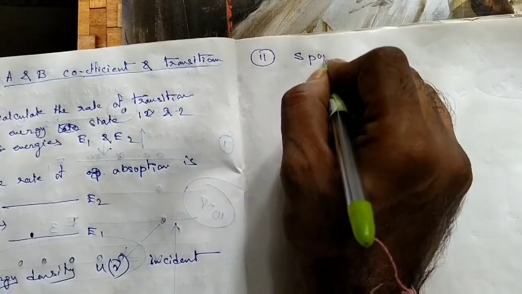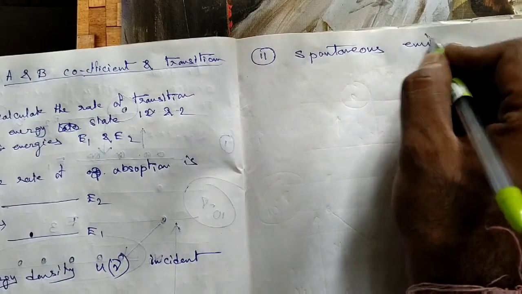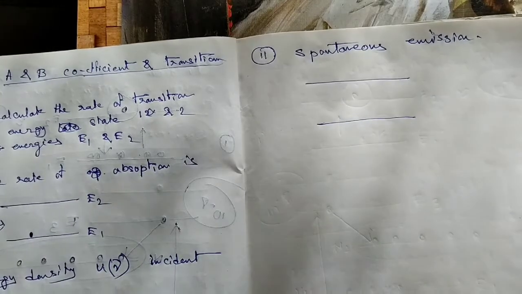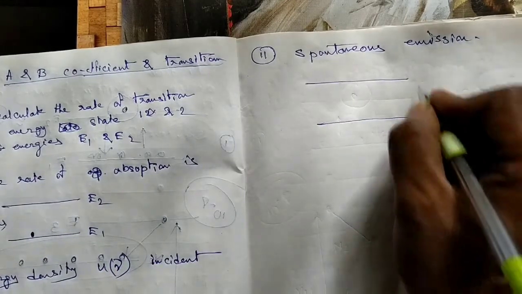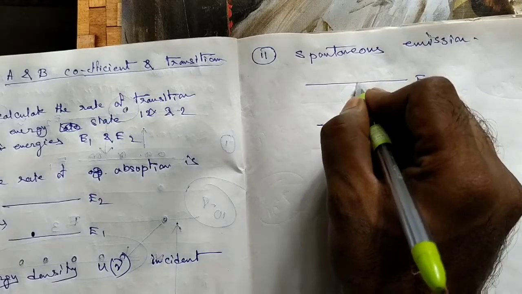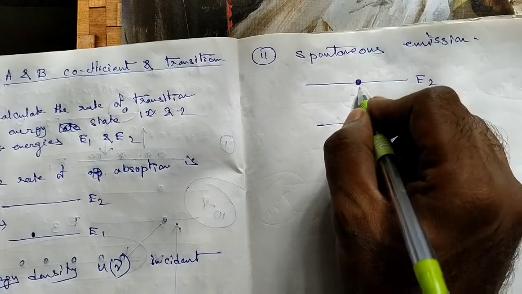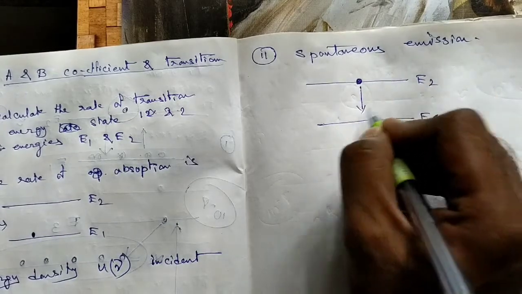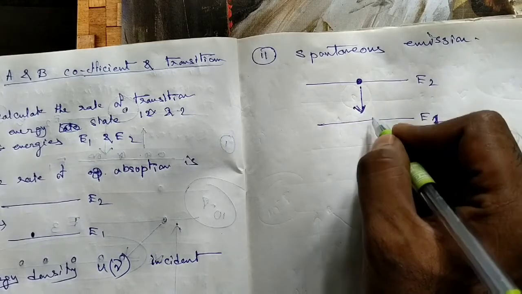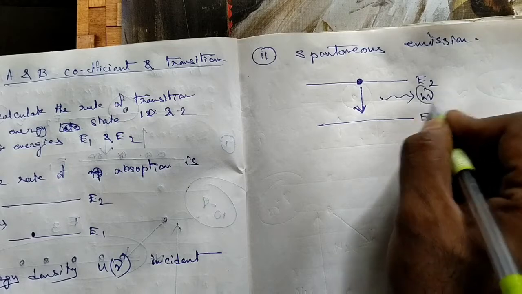spontaneous emission. Now the atom is already excited by the stimulated absorption. So now the atom is already in an excited state. In this condition, this atom returns to its initial state. When this atom comes back to its initial state, it releases the extra energy in terms of h nu.